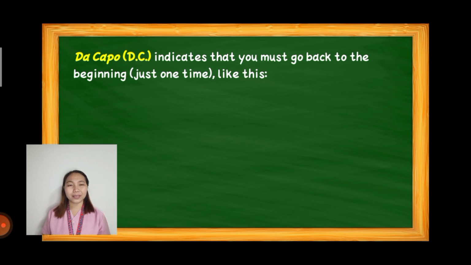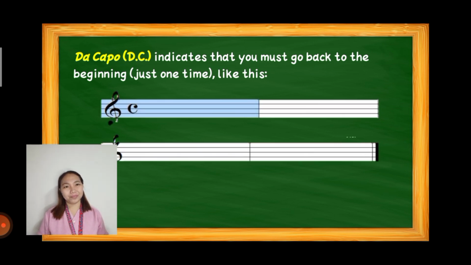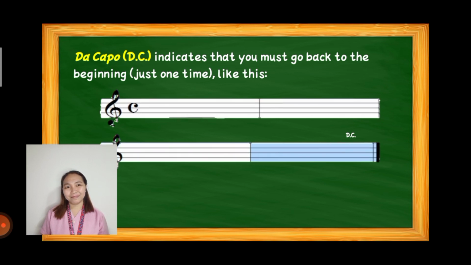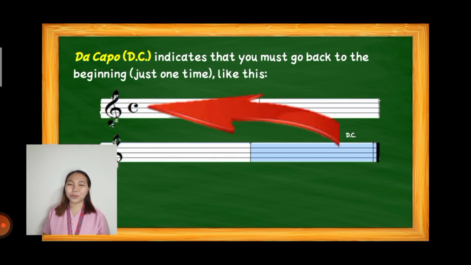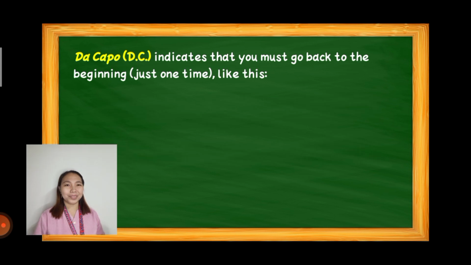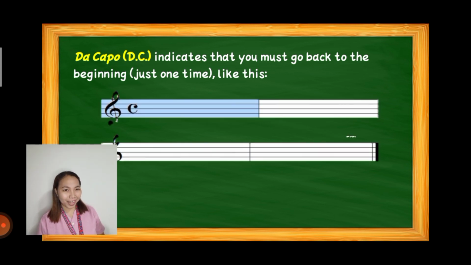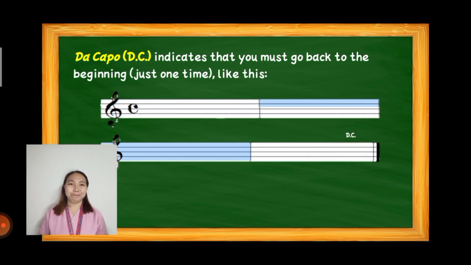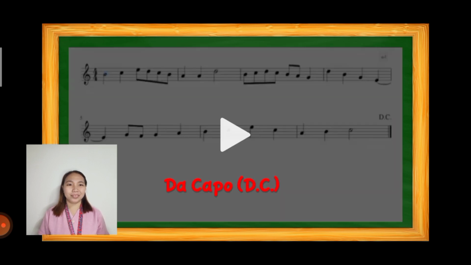Like this. Yes, that one. Nibalik siya sa sinugdanan. Okay, nag-repeat siya. And here is an example of the Da Capo or DC.